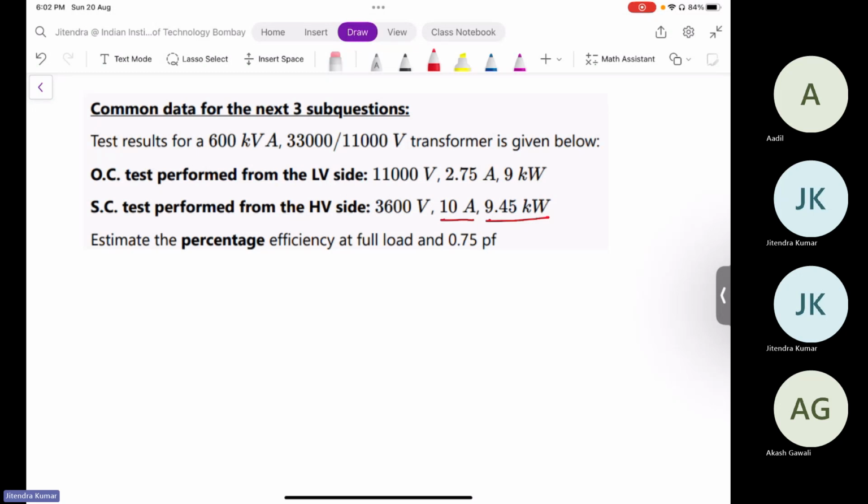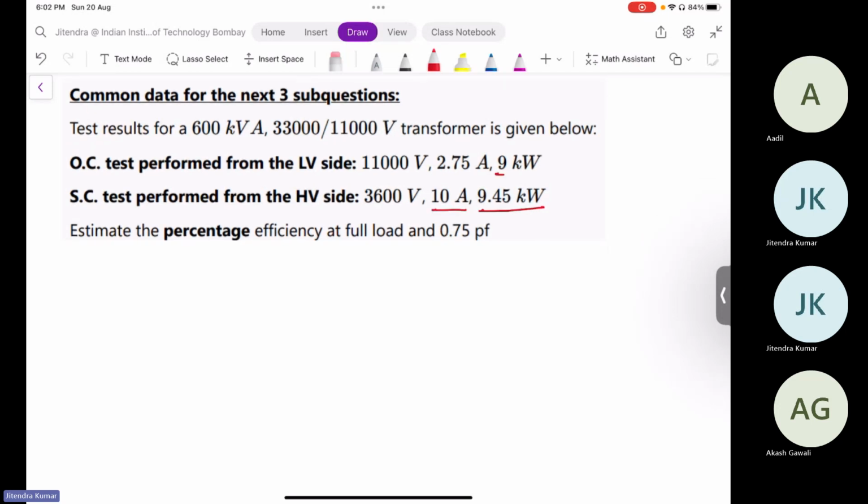See, first thing is that you should know that the OC test is performed on the LV side. So whatever power is given here must be core loss. I hope it is fine. Now, the thing with copper loss. First you should identify from the circuit parameters whether the machine is operating at rated load or not.